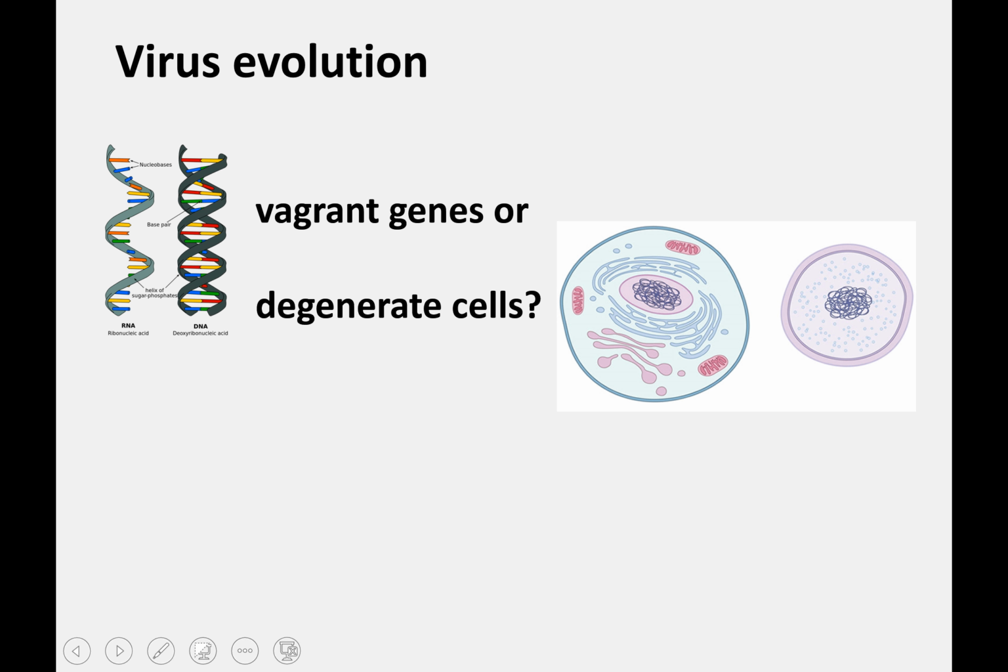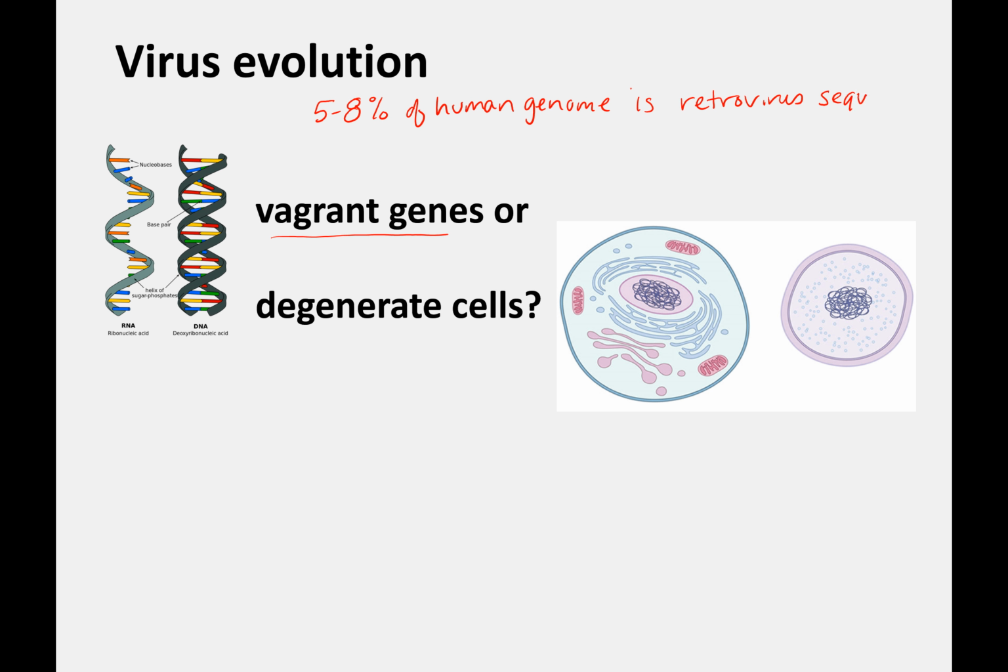So where did viruses come from? The real answer is we don't know. There's kind of two big schools of thought. One, that these were vagrant genes. Depending on how you count, 5 to 8% of the human genome is retrovirus sequence.